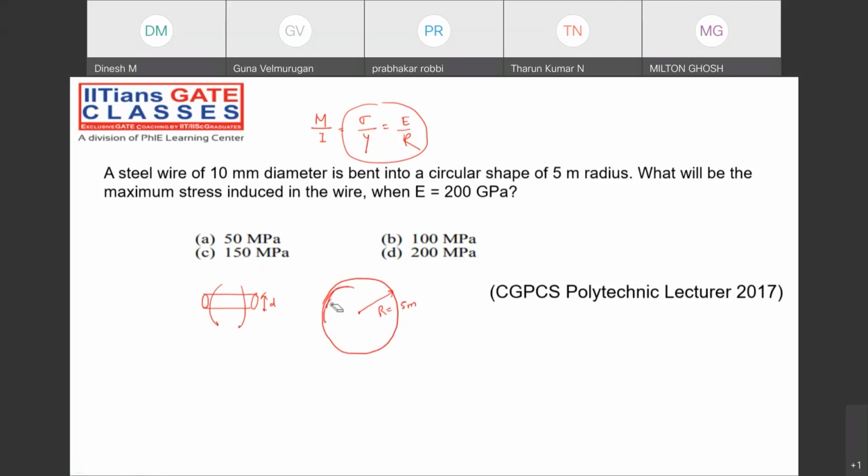Let me draw the diagram carefully. This is a circular arc, suppose. A circular ring kind of thing will be there.